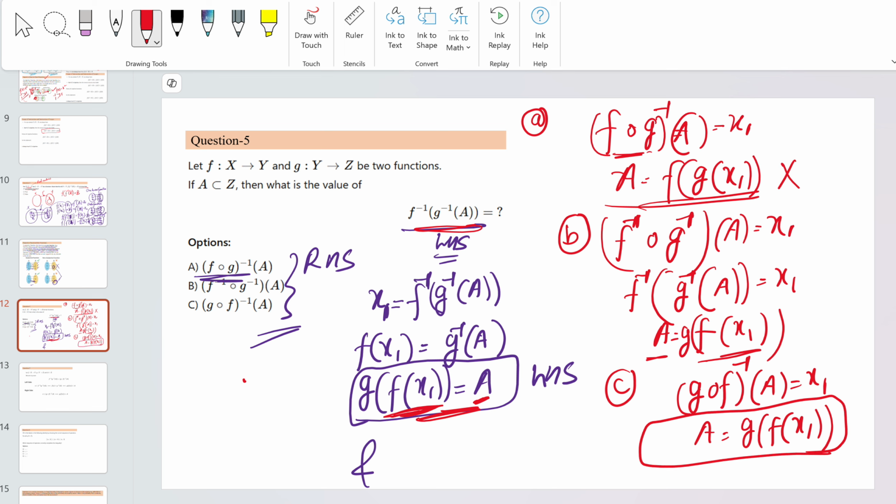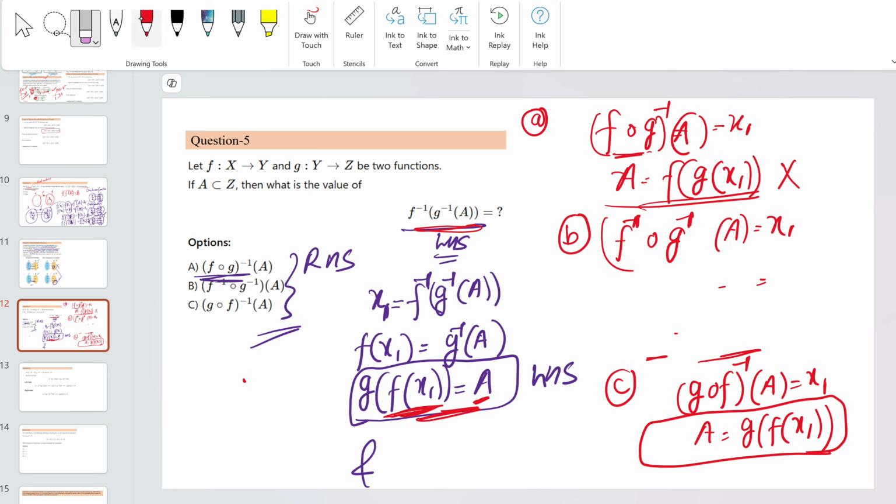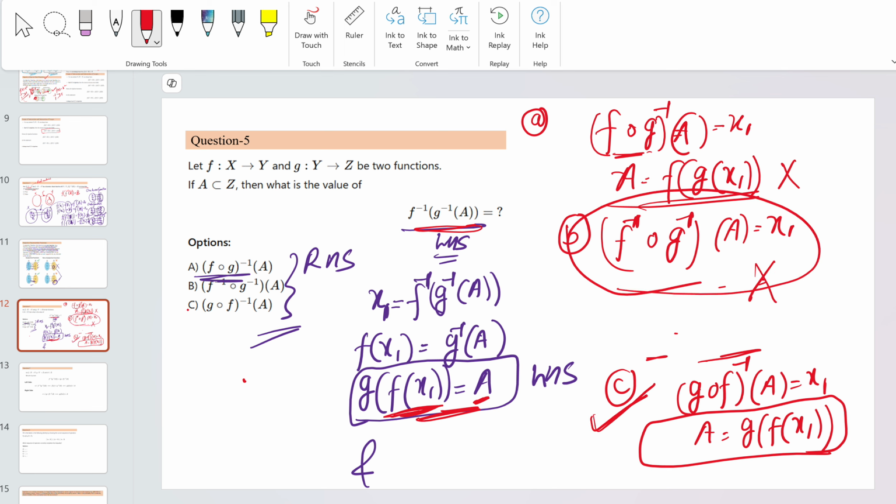Getting my point? But here in the second option, f inverse and g inverse of a, it is not simply equal to f of g inverse. That is actually wrong. Here f inverse of g inverse is equal to a, it is saying, which is not possible. So option C is actually correct here.